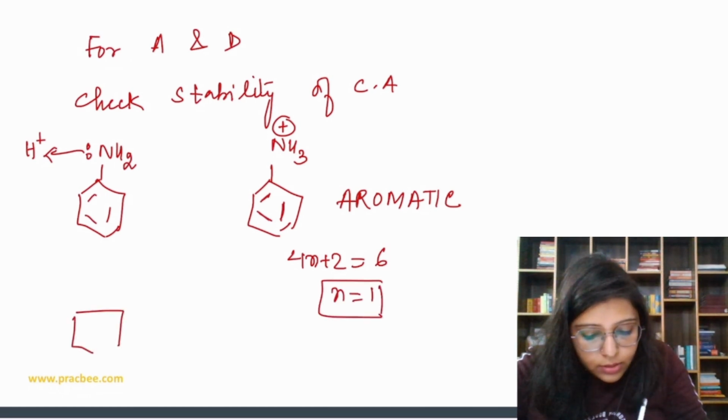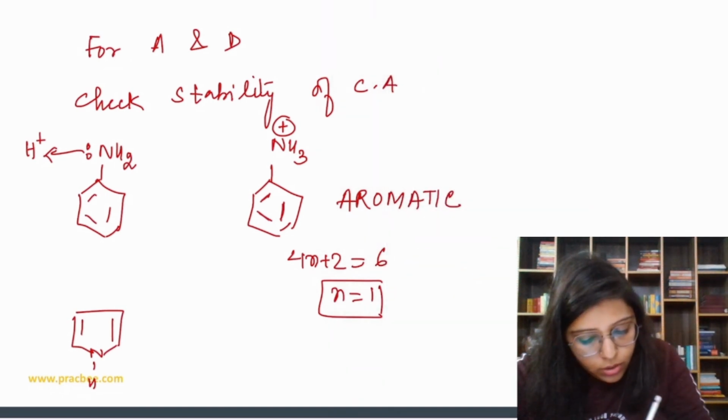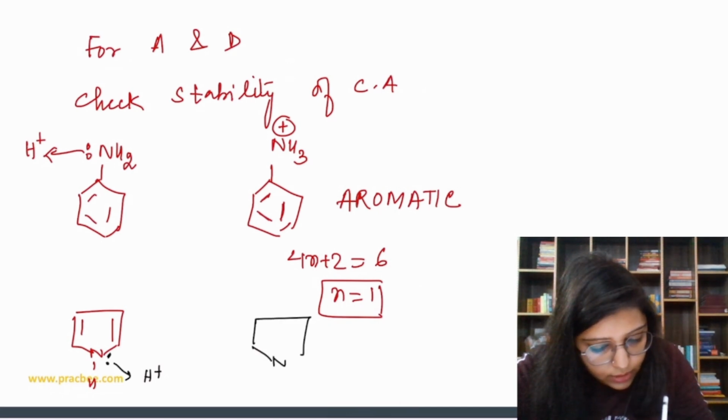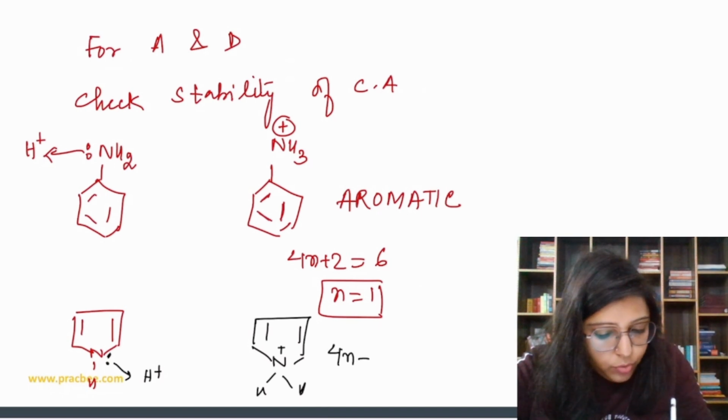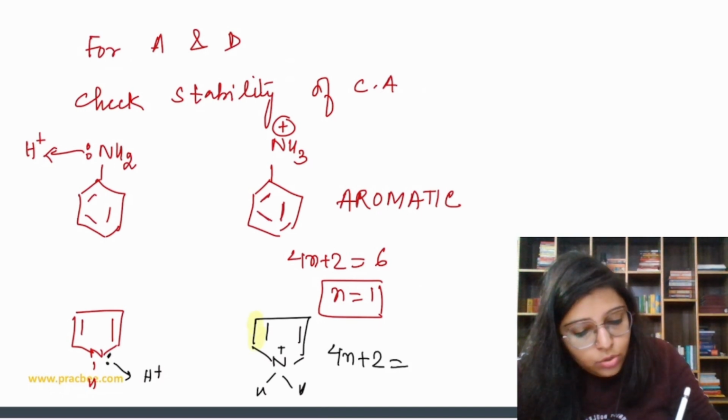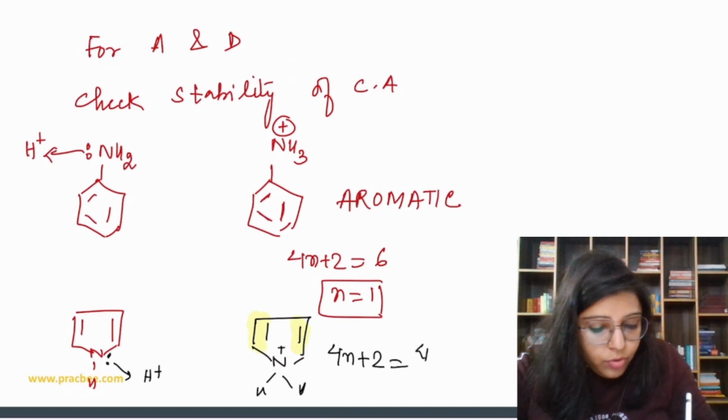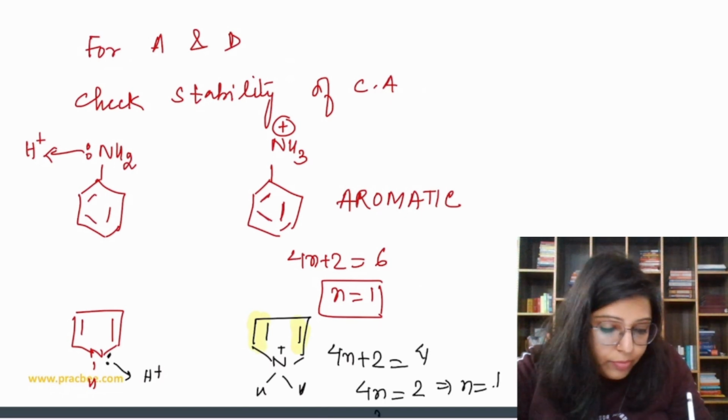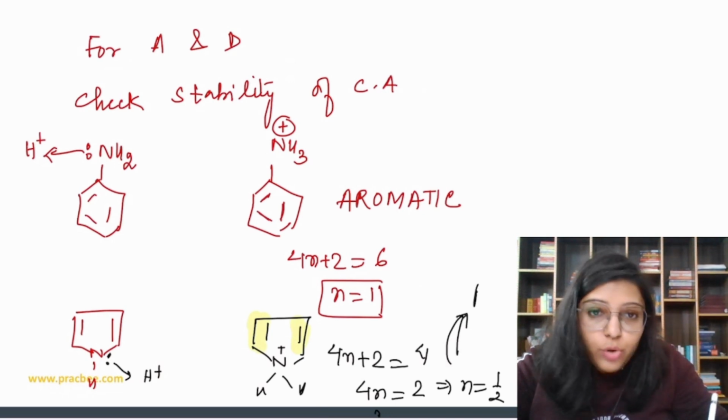But if we have this NH, when it forms a bond with H plus, then we have this H positive. Now if we apply this, 4n plus 2 is equal to 4, so 4n is equal to 2 and n is equal to half. So it means this is anti-aromatic.